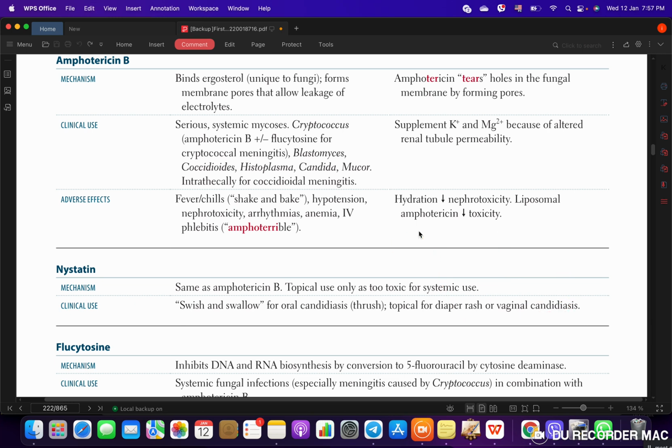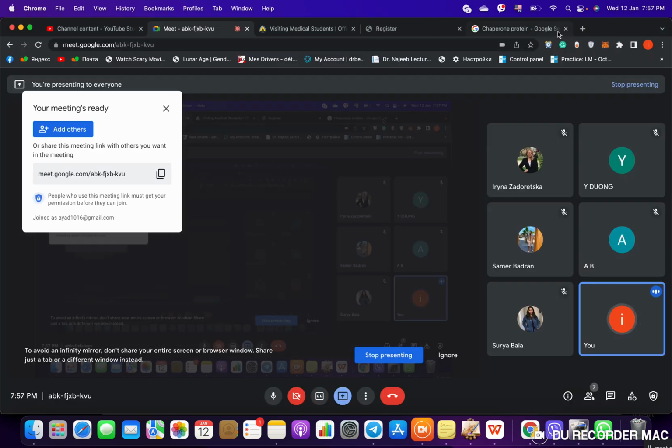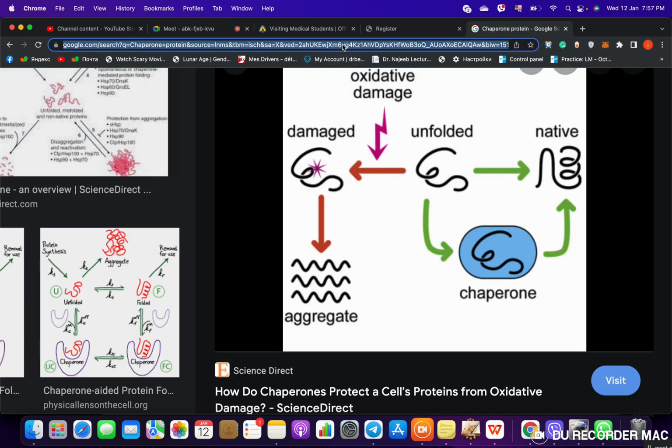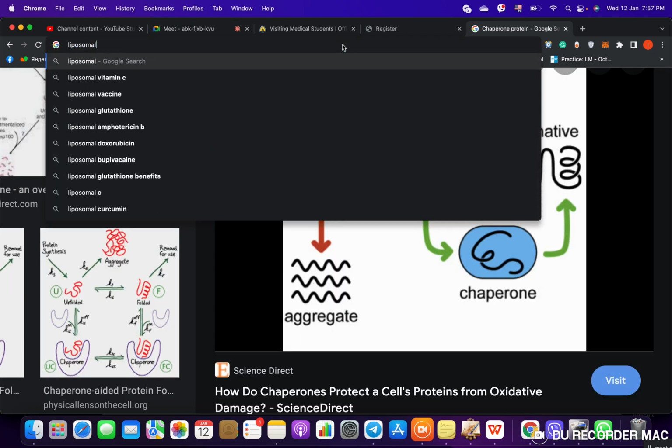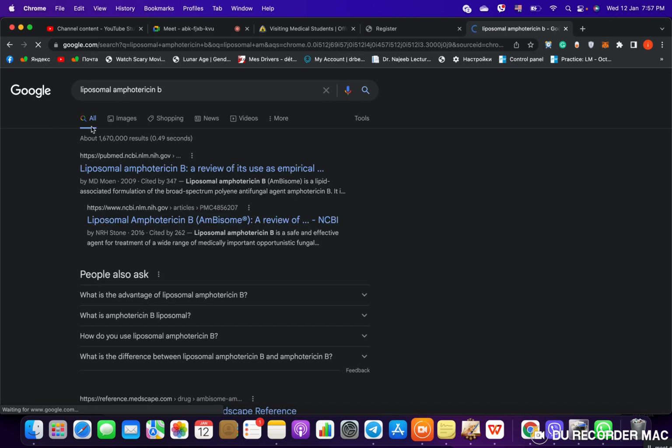So it only attacks the fungal-infected area, so it only affects the fungi. That's what is good about using a liposomal form of amphotericin, because it binds only to the fungal cells.